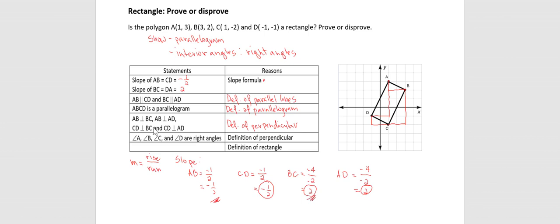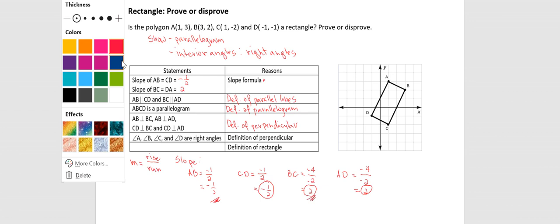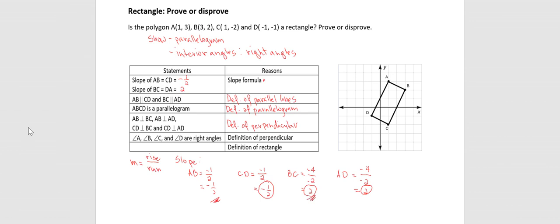Since the line segments are perpendicular, then the angles formed should be right angles. So let me show this in the figure. So here, our line segment AB is perpendicular to line segment BC.